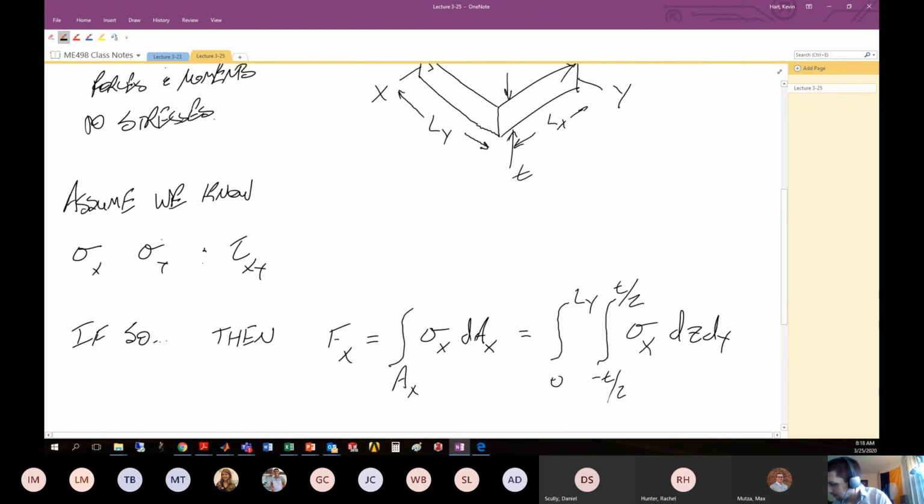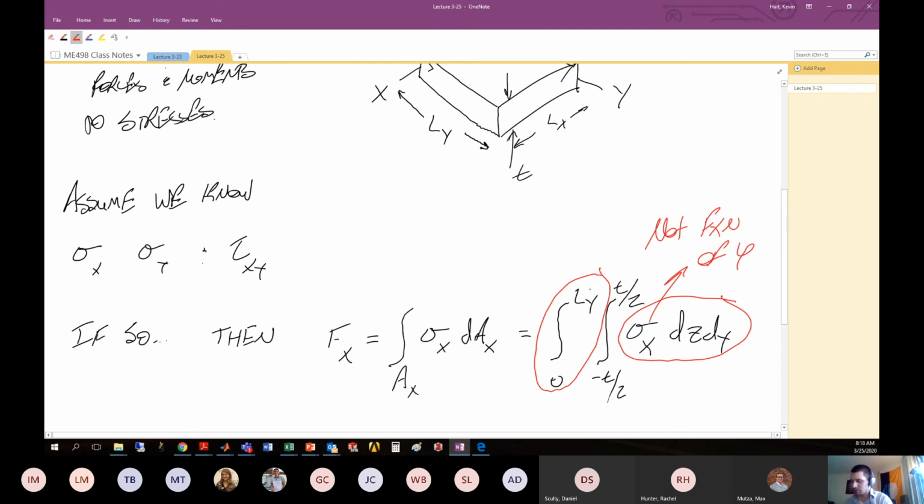Again, we said sigma x is not a function of y, so when we're integrating from 0 to Ly, there's no change in this integral because there's no functional dependence of sigma x on y.